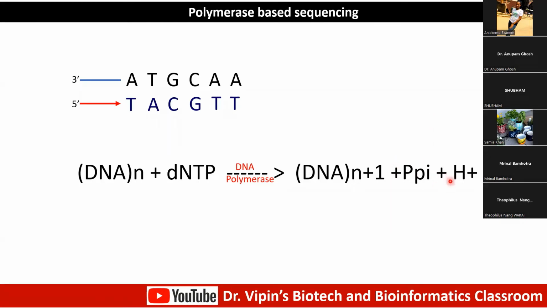And in other cases like Ion Torrent, you identify the signal of incorporation based on whether the pH of the medium changed or not, because there will be hydrogen ion release if the incorporation of the nucleotide takes place. Each of these has its own importance, but most commonly what you use is a fluorescent ddNTP, which is differentially colored, which means A, T, G, and C are all differently colored, and that allows identification of which nucleotide got incorporated in real time.